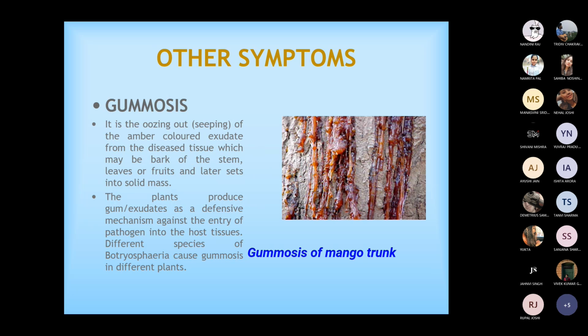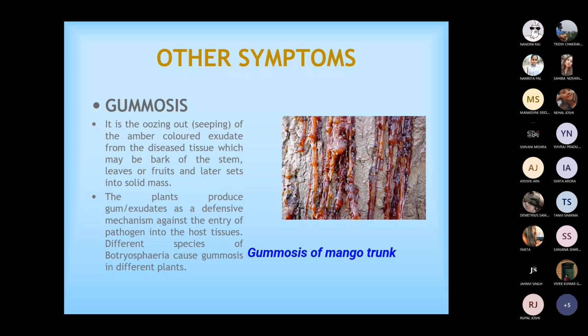Then the third category was the other symptoms. So among other symptoms, the first and important one is gummosis. As the name indicates, gummosis means the oozing out of some amber-colored exudate from the diseased tissue, could be the bark of the stem or trees or fruits, and it later sets into a solid mass, right? This is again a defensive mechanism which is being used by the plant against the pathogen, right?